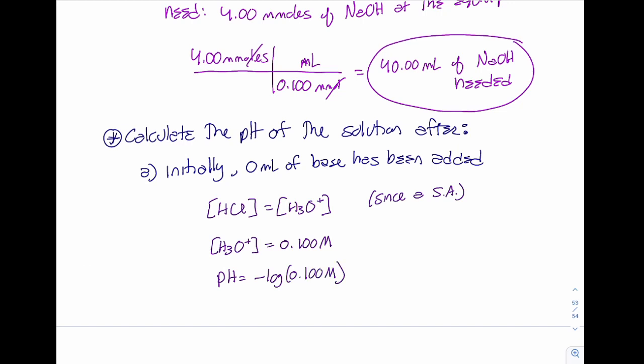So my pH comes out to be 1.000. Right, watch those significant digits. This is 3 significant digits. My pH is a log value, so only the digits after the decimal point count. So 1, 2, 3, that is 3 significant digits.